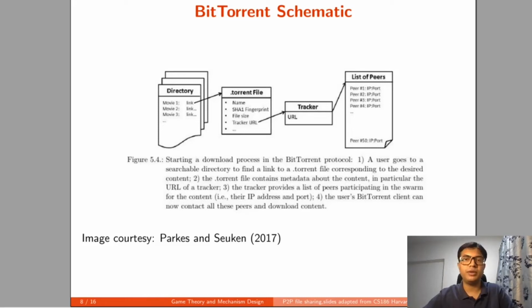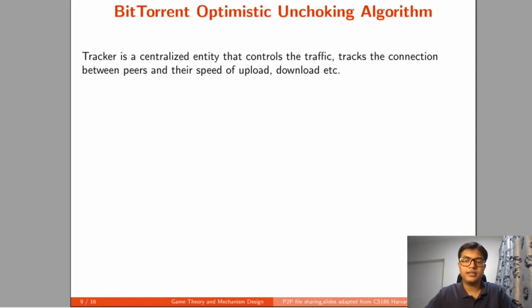If a new peer comes in, it will add that entry into its list of peers, and if some peer goes down, it will delete it. So dynamically, the tracker is tracking the status of this file on the internet. That is how the tracker and the torrent file look.